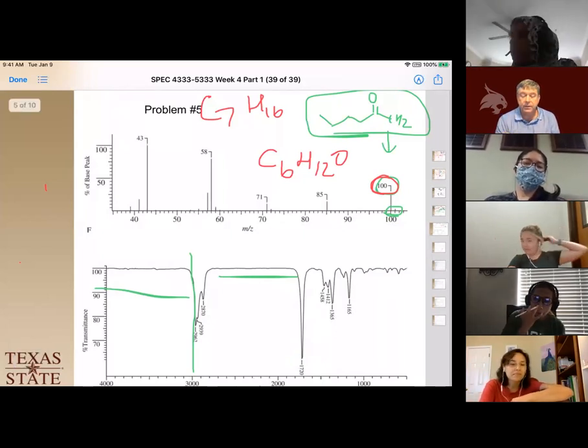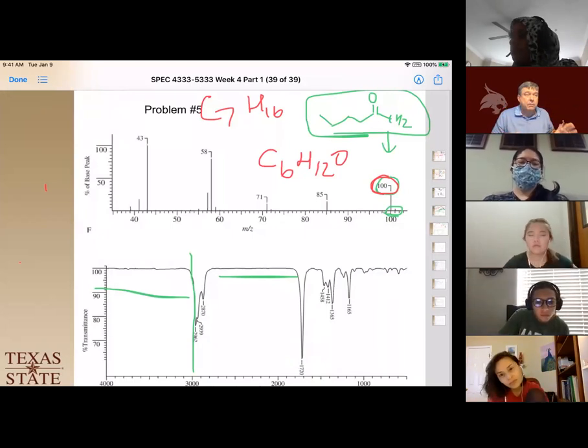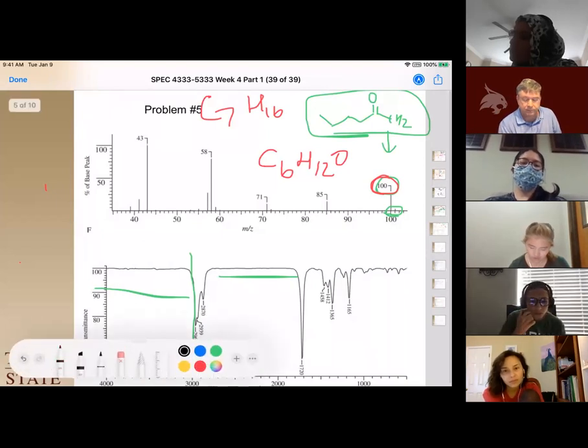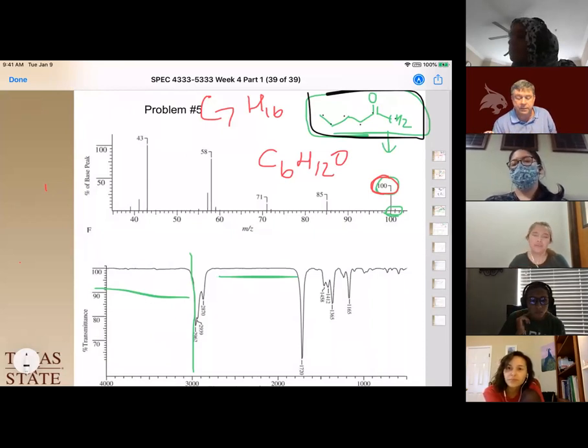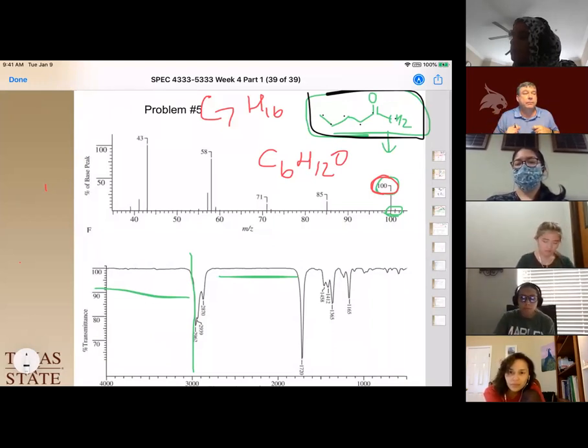All right, so now we need to figure out whether this is branched or something else, because how much more can we understand about this? Okay. So if this is our fragment that shows us, this is our major fragment. 1, 2, 3, 4, 5, 6. Oh, we already have 6 carbons and what do we have to support this additional fragment? Okay.